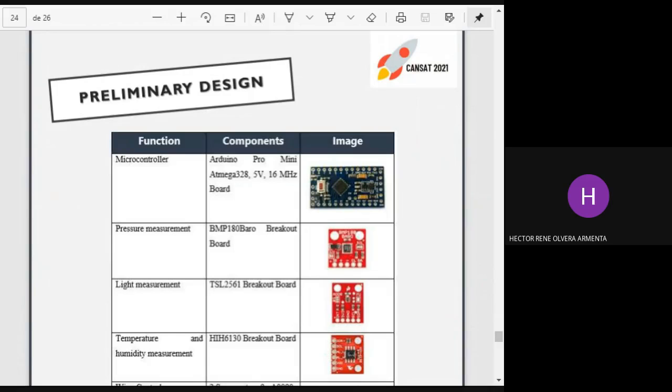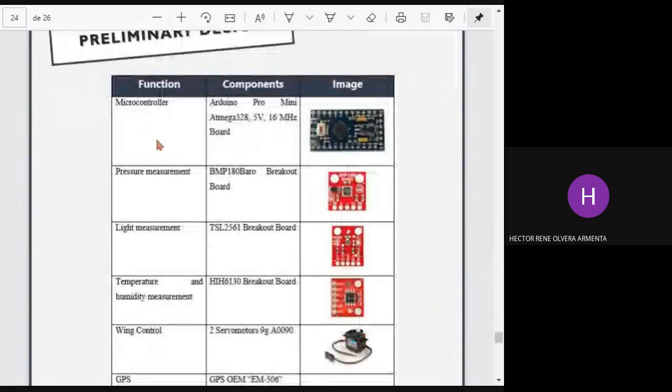For our preliminary design, these are the various components that we are assuming to use. Maybe we can change one of them for another with better specifications. But here are some of them: the microcontroller, an Arduino Pro.